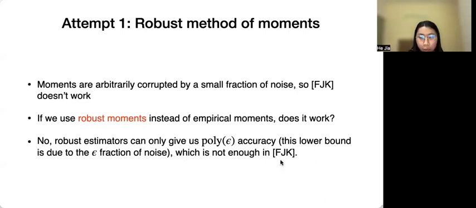In FJK, if we want a TV distance that is independent of D, we have to have the accuracy of moments be some epsilon over D squared. We can't get such accurate moments, so this doesn't work for FJK.